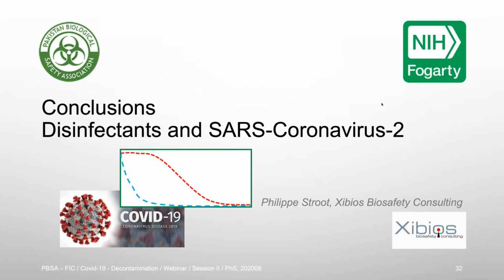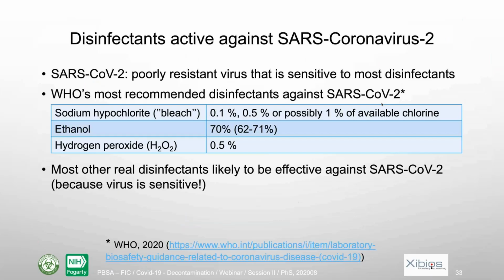So now, as conclusions, some important features about disinfectants versus SARS coronavirus 2. First, even if many disinfectants are likely to act against SARS coronavirus 2, some will offer better guarantee. For instance, the WHO recommends 3 disinfectants against SARS coronavirus 2.